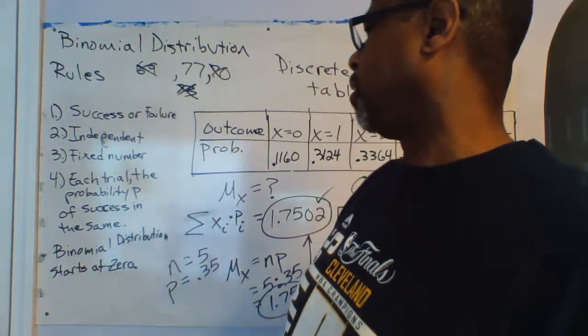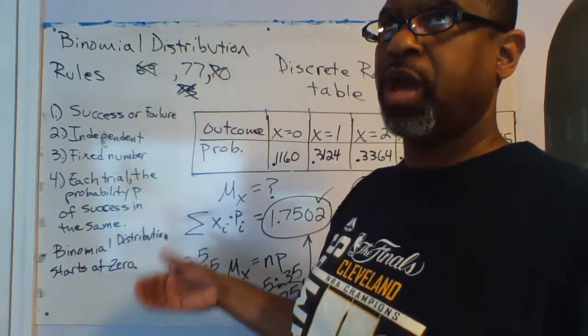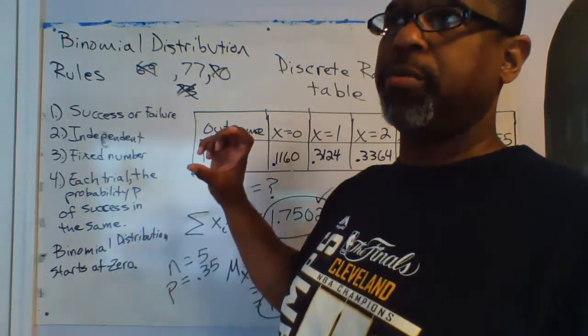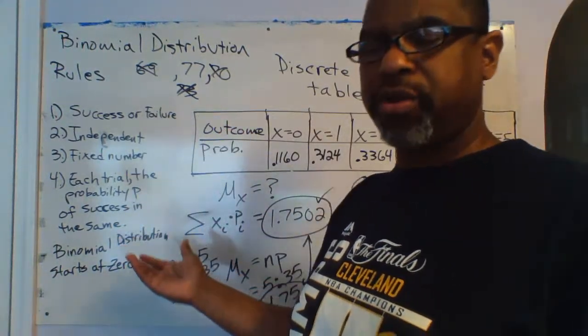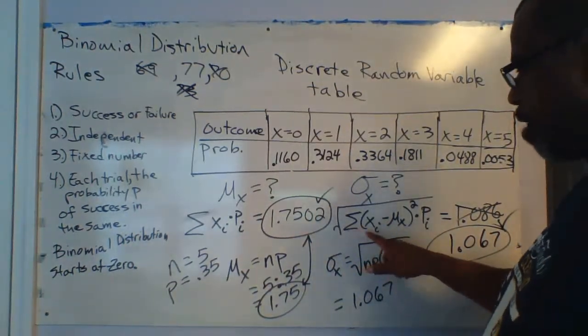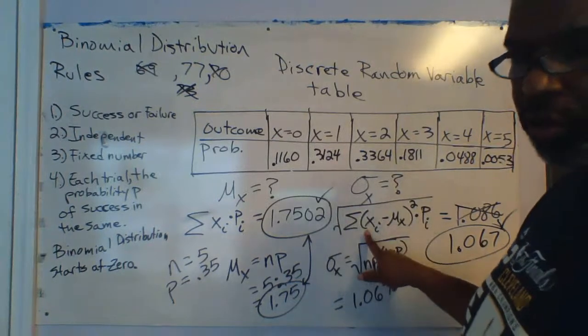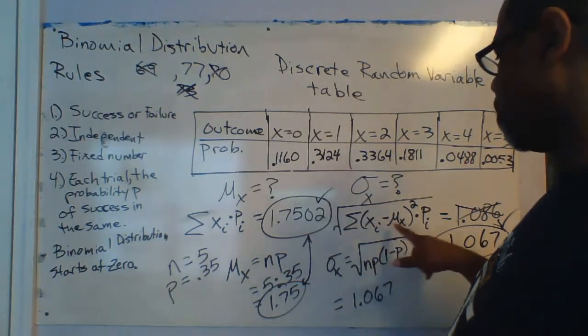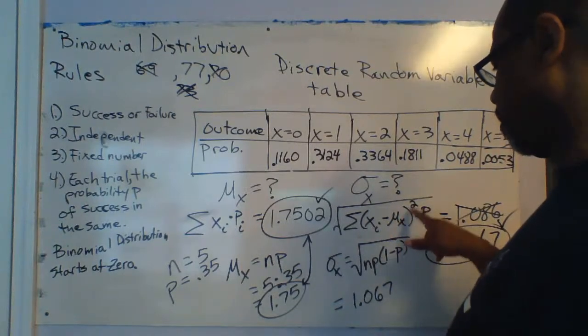Angela, remember, if you do the table, all you have to do in the formula, you could just do the square root of this right here. You do the square root of whatever you name your x, your outcomes, minus the expected mean squared.